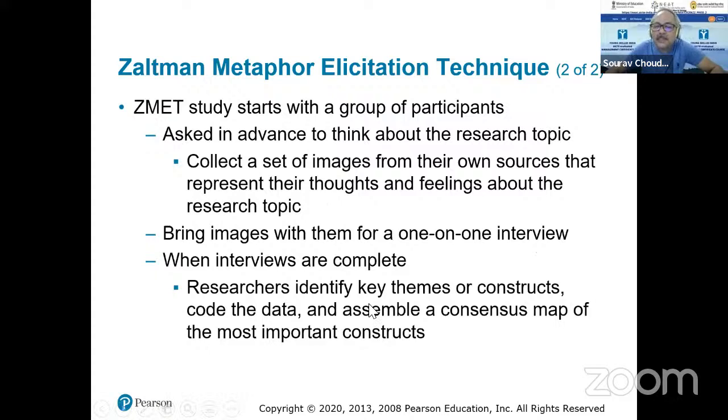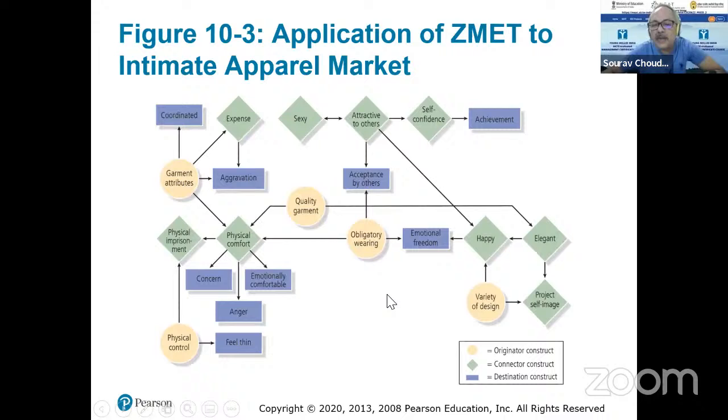So basically some images or props which they will connect or associate with the apparel market, whatever is in their mind. And then you ask them, what is in your mind? And each one of them says things like expensive, sexy, attracts others, self-confidence, and so on and so forth. They give many things.